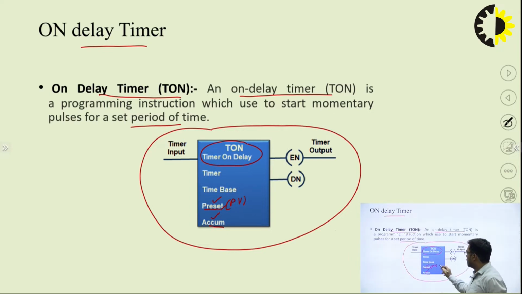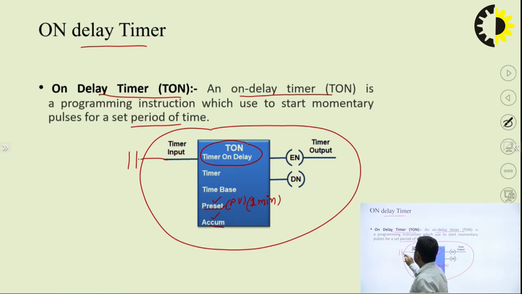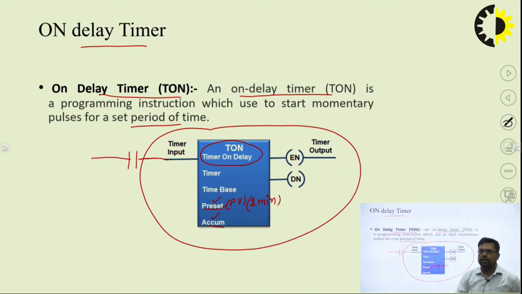Let's suppose we want to delay a process by 1 minute. So this is the timer output. Let's suppose we give the timer input to the on delay timer.